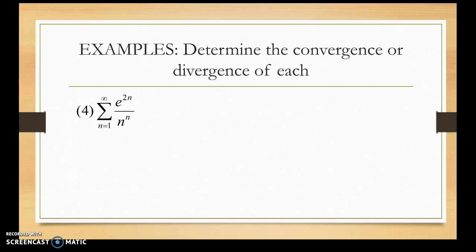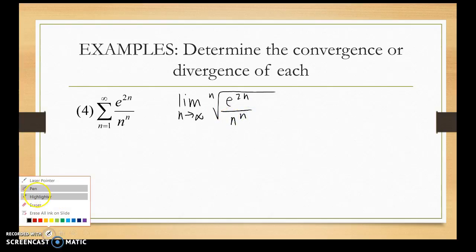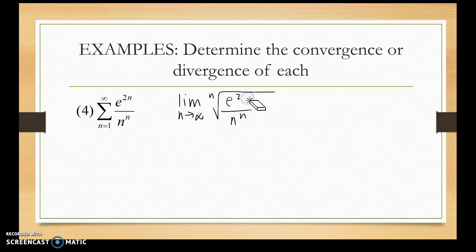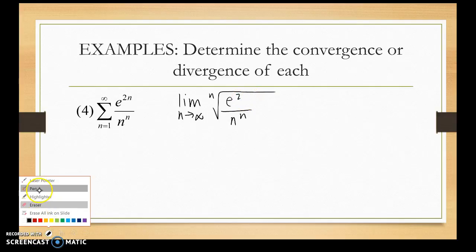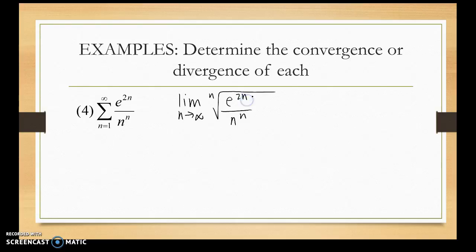All right, so we have e to the 2n divided by n to the n. Okay, so I'm going to look at the limit as n approaches infinity of the nth root of e to the 2n divided by n to the n. Now technically you could do this bit of work sort of before you start the limit statement, but that's how the test is written, the limit of the nth root of the series.